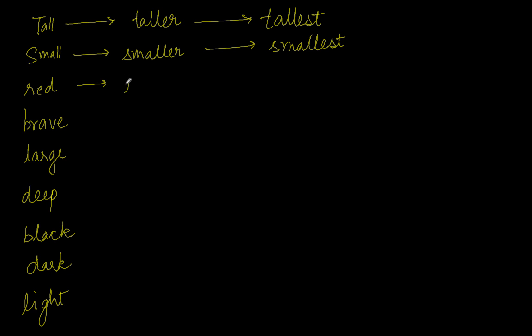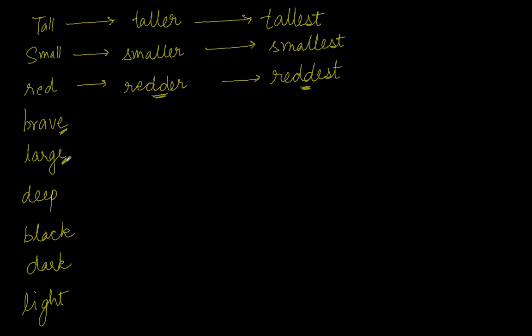Red becomes redder, then reddest. Now, one thing you observe here, we have added another D. That's a little different from the earlier ones, because in the earlier ones there was already a double L in taller, smaller, tallest and smallest, so we don't need to add another L, but in the case of red, we need to add another D. Now look at how this is going to change.